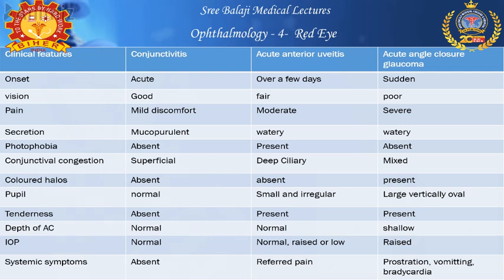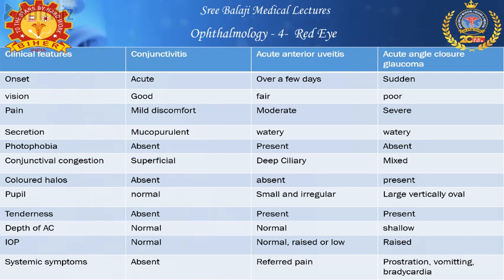Then examining the type of congestion. Diffuse superficial congestion is seen in case of conjunctivitis. Circumciliary congestion is seen in case of acute anterior uveitis, and mixed type of congestion is seen in case of acute angle closure glaucoma. The next important key feature is examination of the pupil.